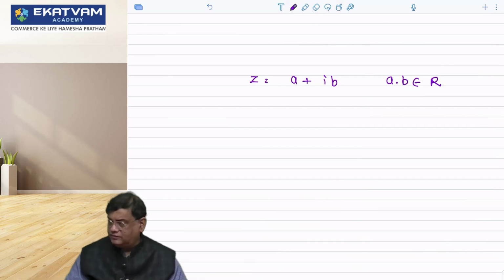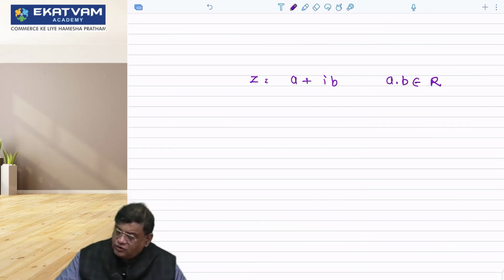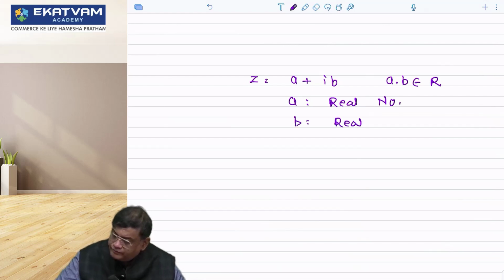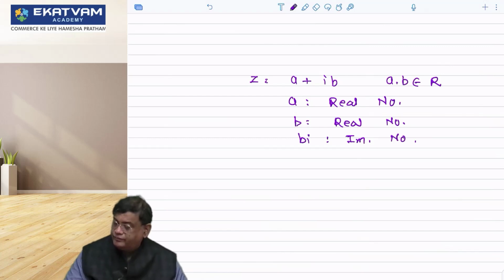What it means is that a is a real number, for that matter b is a real number, but bi is an imaginary number.